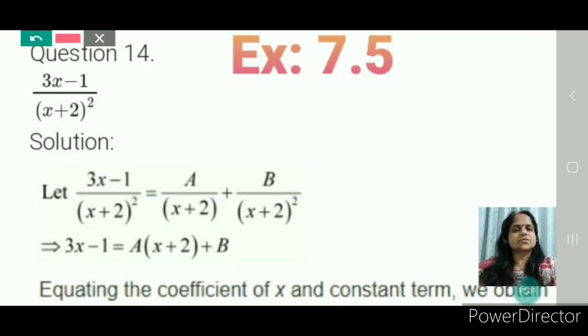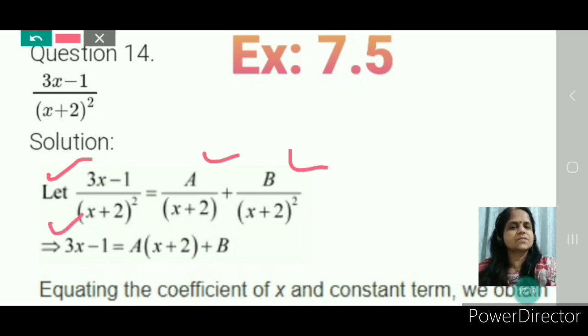In this question student, the question is given 3x minus 1 by x plus 2 whole square. So take a by x plus 2 plus b by x plus 2 whole square. Now take LCM. You will get 3x minus 1 is equal to a into x plus 2 plus b. Now you can substitute x is equal to minus 2 and find the value of b, or by equating the coefficients of x and the constant.